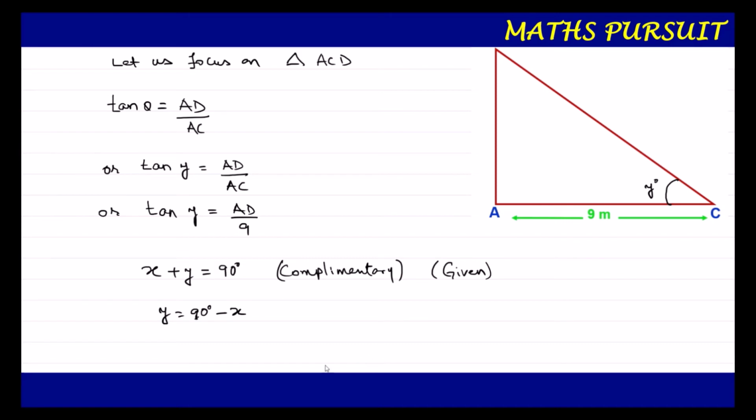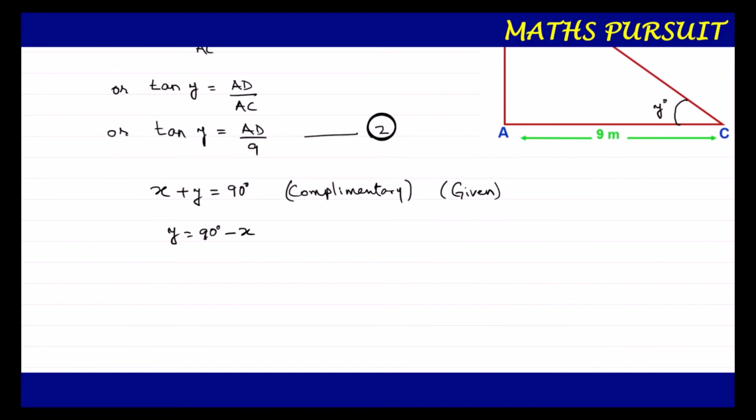Now guys, let's say this equation is equation number 2. In equation number 2, instead of tan Y, I can write tan 90 degree minus X, that is equal to AD upon 9.